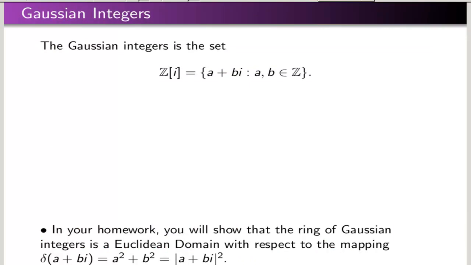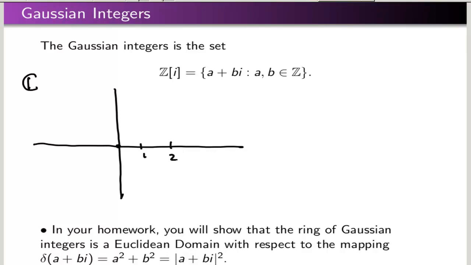So in your homework, you'll take a look at the Gaussian integers and show that they are a Euclidean domain. So what are the Gaussian integers? Let's draw the complex number plane here. So we have the horizontal axis being the real axis and the vertical axis being the imaginary axis, so i, 2i, 3i, and so on.